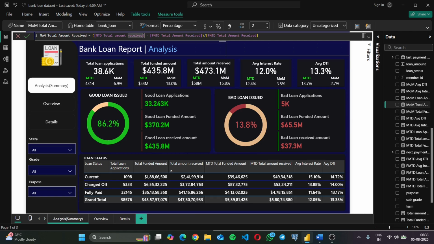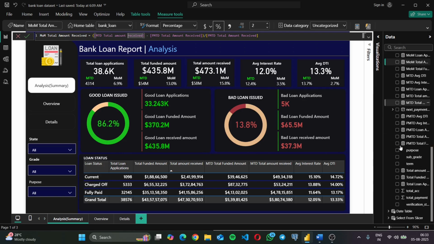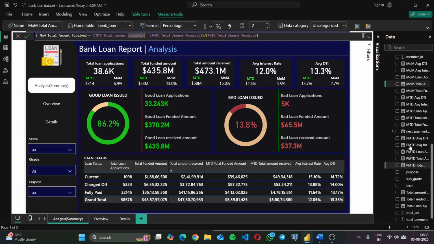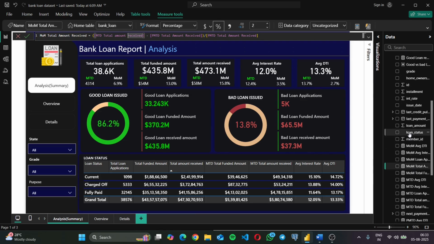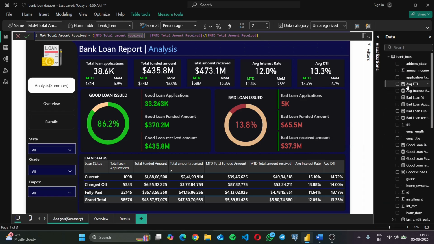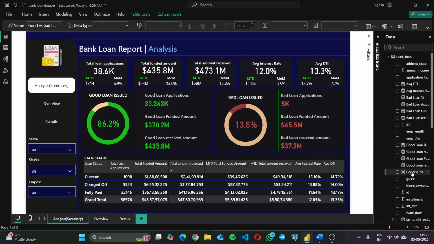Now let's move on to our second important insight, that is good loan versus bad loan. Here what I did was I separated the loan status. I grouped the loan status into two parts, good loan and bad loan. Good loan consists of loan status like current and fully paid, and bad loan consists of loan status like charged off.